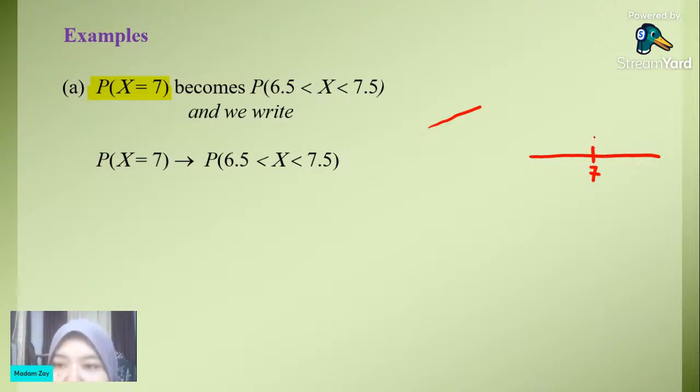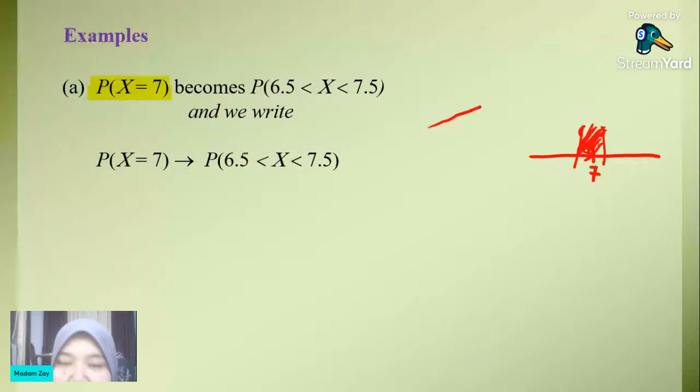So to include 7, we have to take half before and half after 7, so we will have the area on this part. That's why we take the probability from 6.5 to 7.5. We cannot take from 6 because 6 would be included, and we also cannot take up to 8 because 8 would be included.